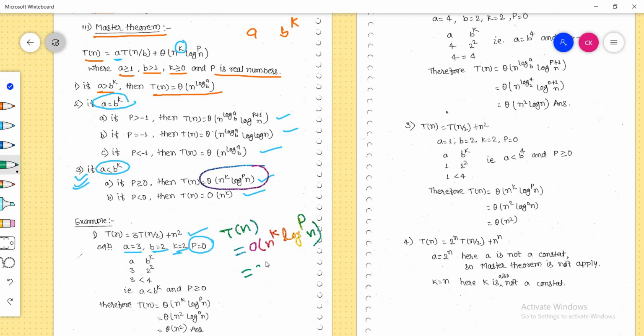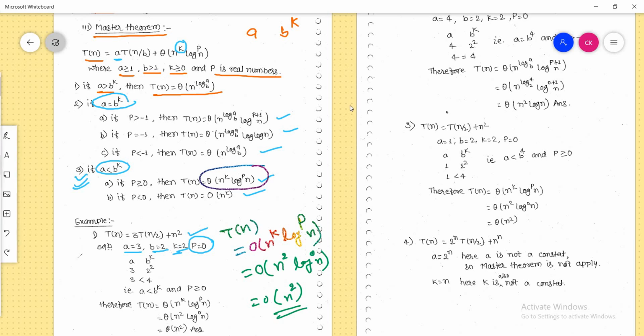This will be order of n^k. The value of k is 2, and log^0 n is 1, so that is order of n². Straightforward and easy. Put in the values, get the answer. The simplest one.